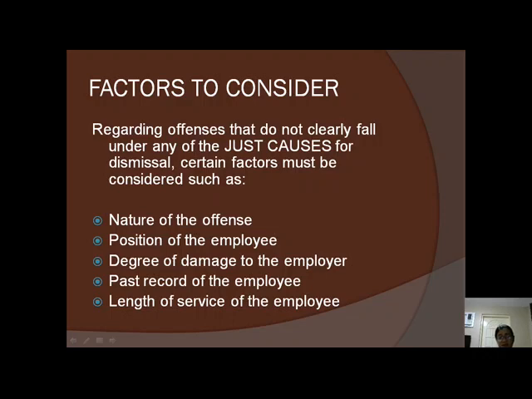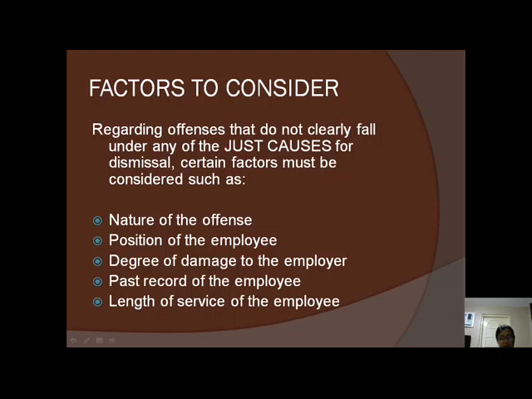The degree of damage to the employer. So if the employee committed an act relative to the employer's right, what is the extent of damage, no? And of course, you need also to consider the past record of the employee. So if the employee already has a lot of violations, normally it will be considered as the totality of the employee's record, no?